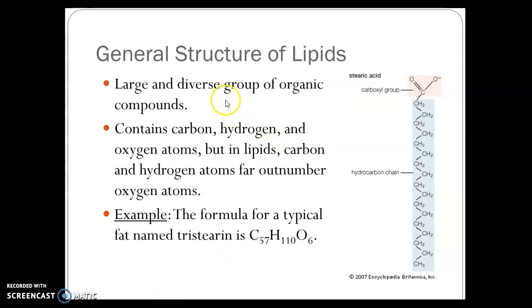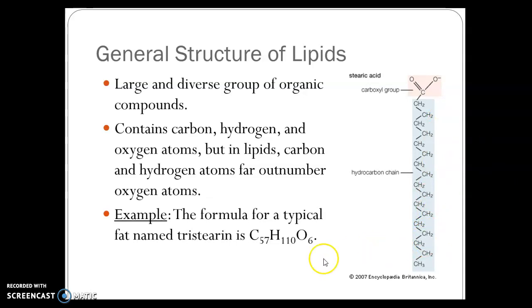General structure of lipids: it's a large, diverse group of organic compounds, which is carbons and hydrogens, and then you have oxygen atoms also, and the carbons and hydrogens are the majority of that molecule.